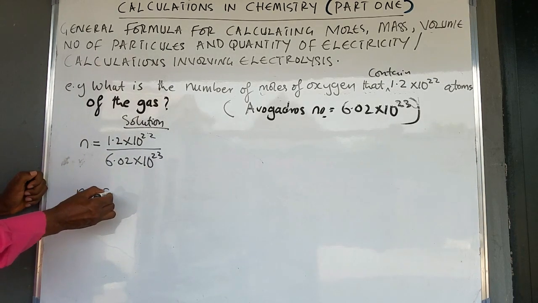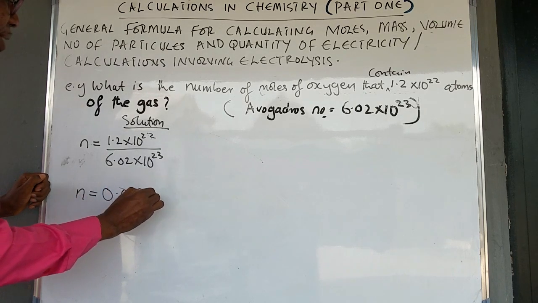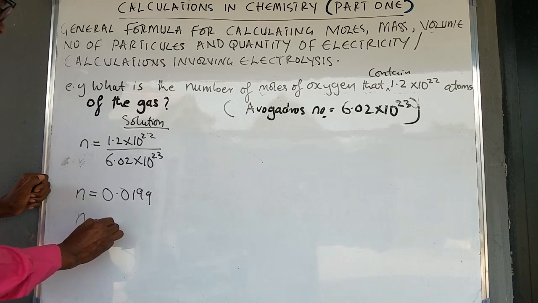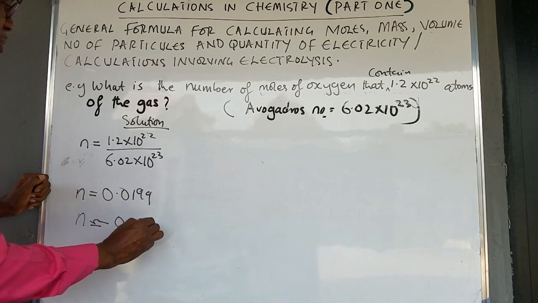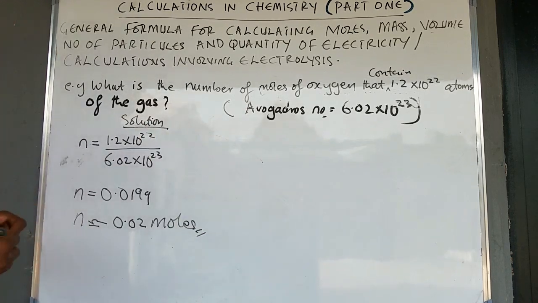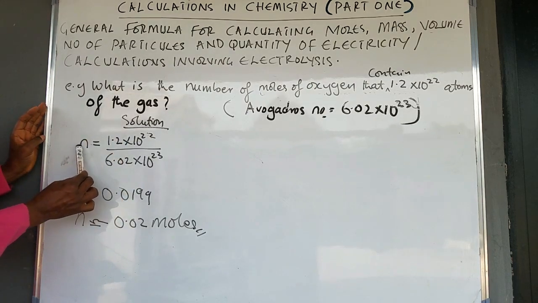It will give you 0.0199. That means you can approximate it to 0.02 moles. That's the answer to this simple chemistry question. Like I said, it's so simple. Just understand the format. The one given over the standard. That will give you the number of moles.